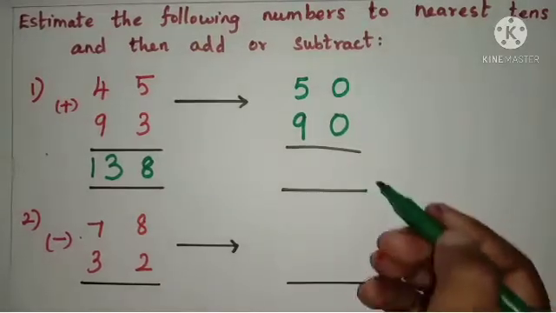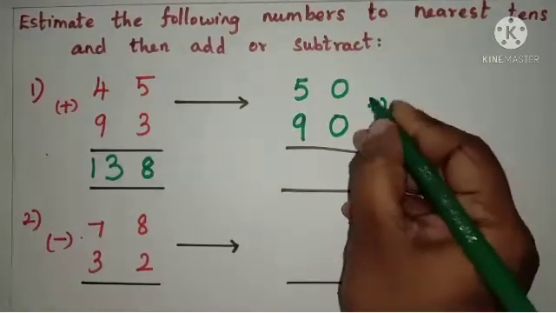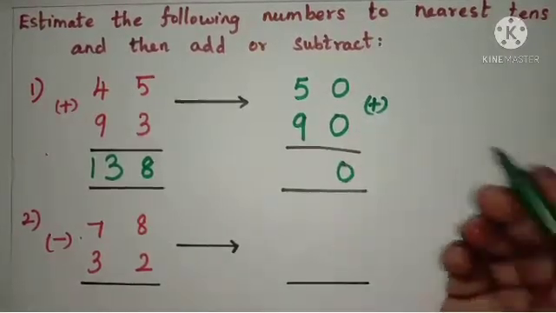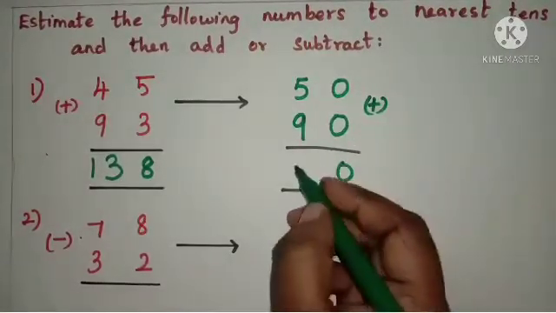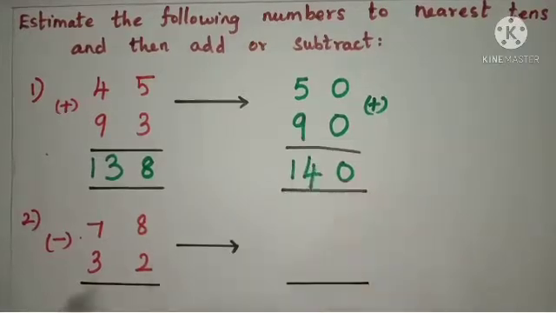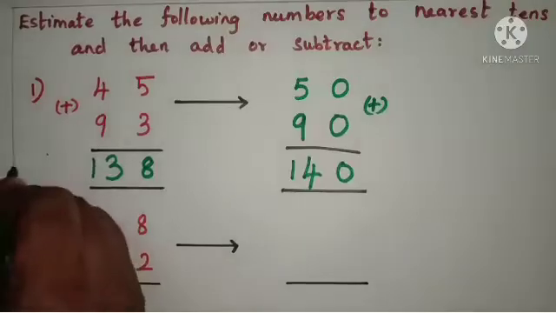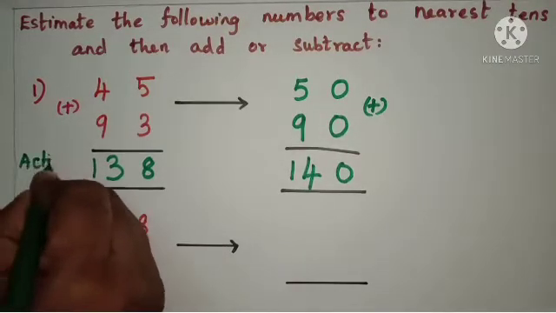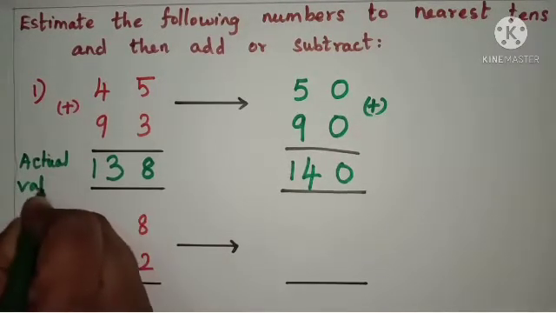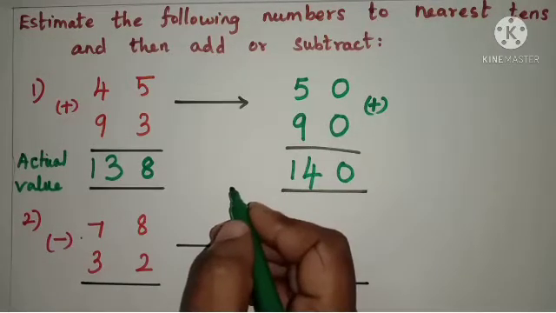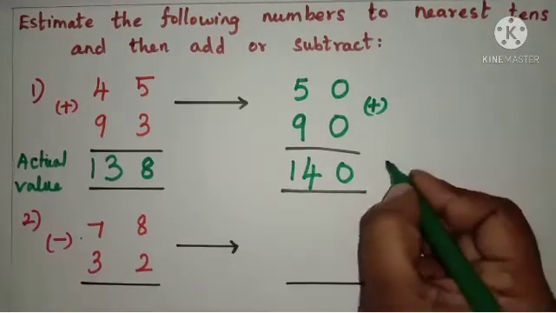Now we can add these two estimated values. 0 plus 0, 0. 5 plus 9, 14. Here 138 is the actual value and 140 is the estimated value.